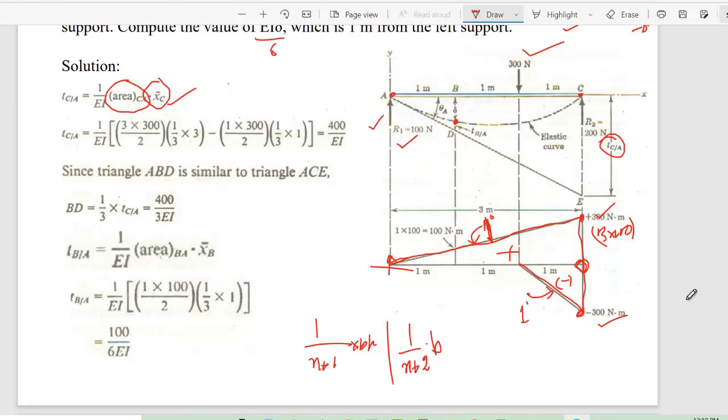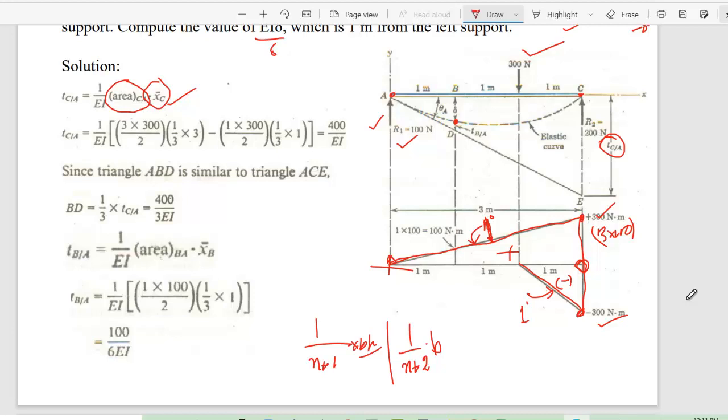Okay. Now we can see 1 by n plus 1 means 1 by 2 BH. So you can consider this is your B. How much? B is 3, H is 300. So that's why 1 by 2, B is 3, H is 300. Up to this is clear from the formula.